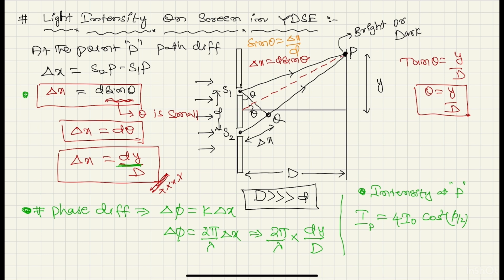phi by 2. So this is 4 I naught cos square phi by 2, where phi means this delta phi.